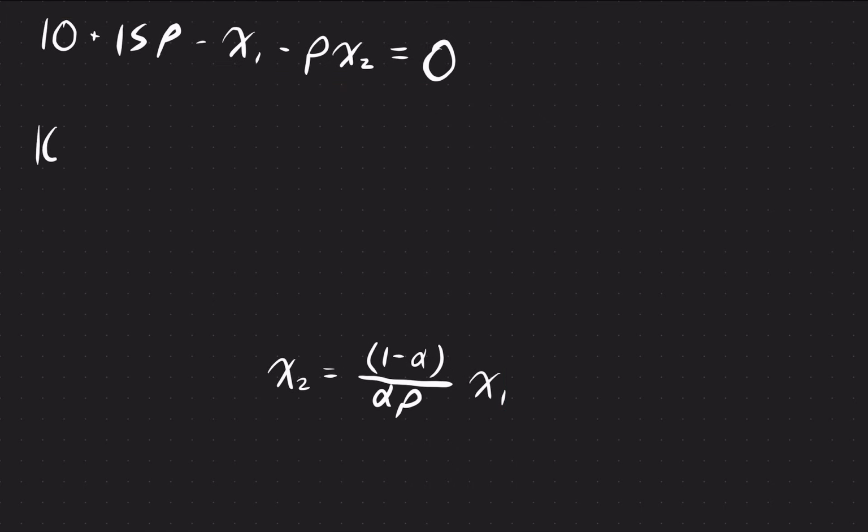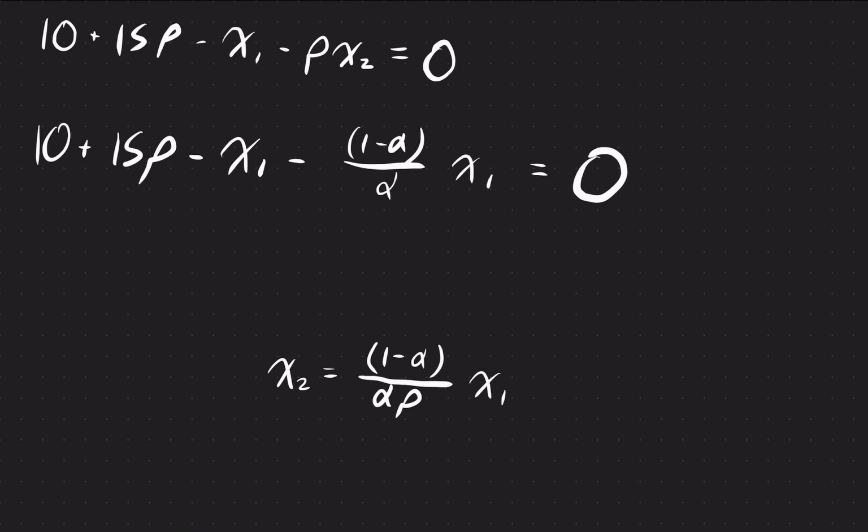So we're going to do 10 plus 15 rho minus x1 minus rho times this thing, which just turns out to cancel the rho on the bottom, is equal to 0.